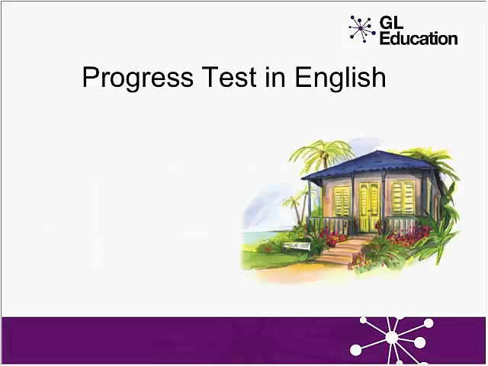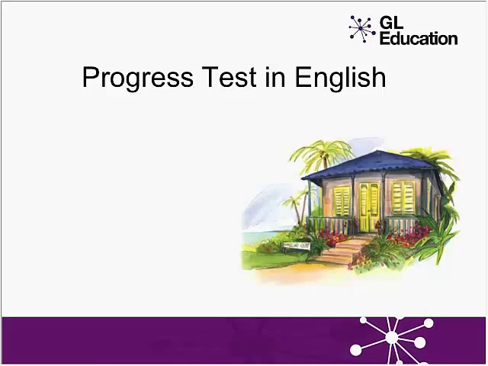So if we look at the progress test in English to begin with, this is now a slightly longer assessment. This is in order to have increased the difficulty to be able to differentiate in an even stronger way and improve the reliability.